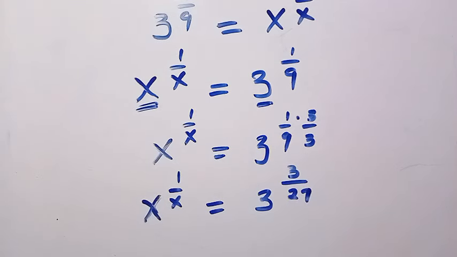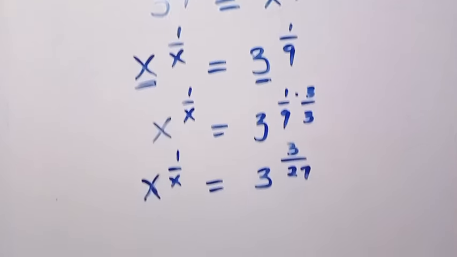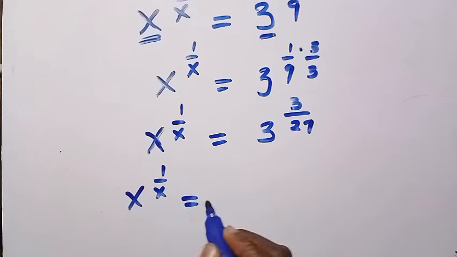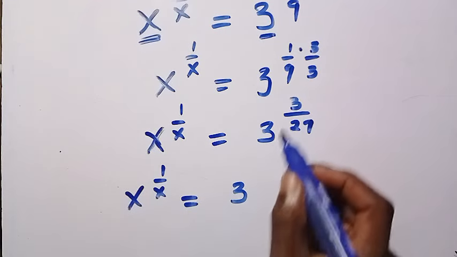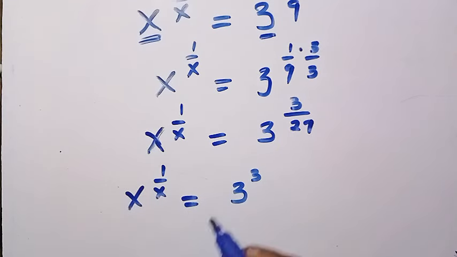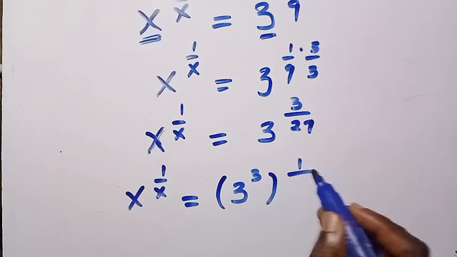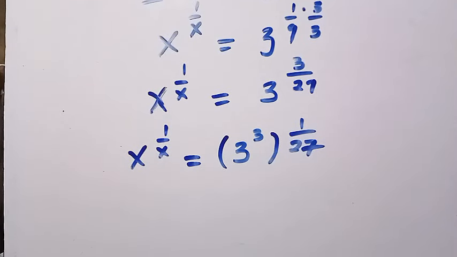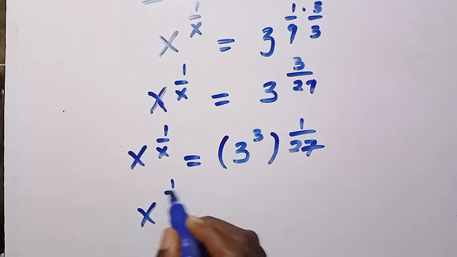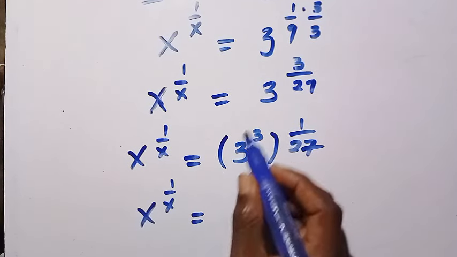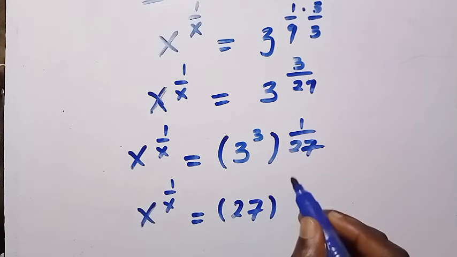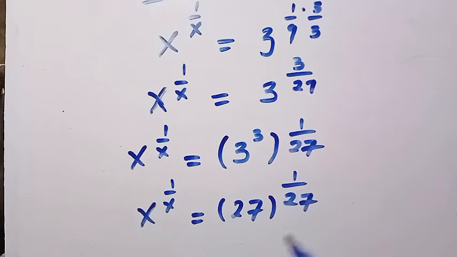And by the rule of indices, if you have x to the power of 1 over x, this equals 3 raised to the power of 3, and everything raised to the power of 1 divided by 27. So 3 raised to the power 3, multiplying 3 three times, gives x to the power of 1 over x equals 27 all raised to the power of 1 divided by 27.